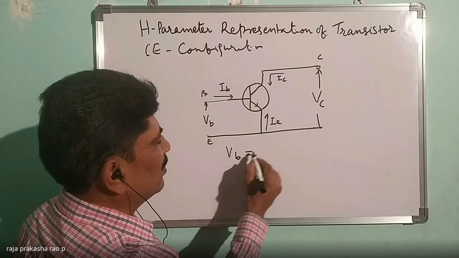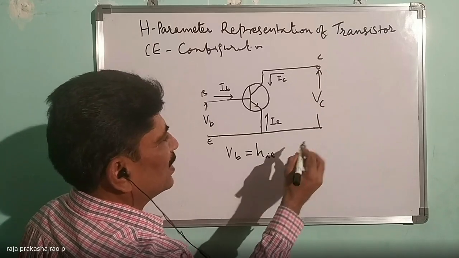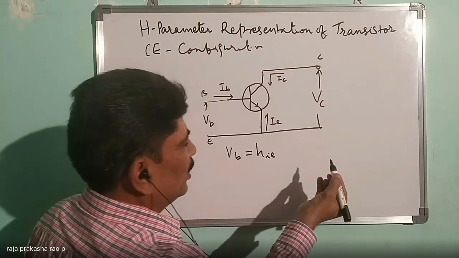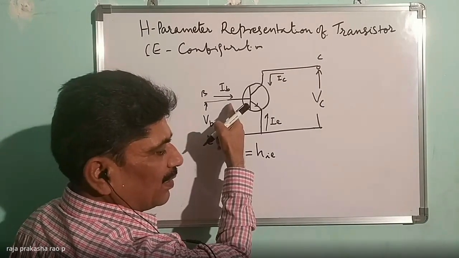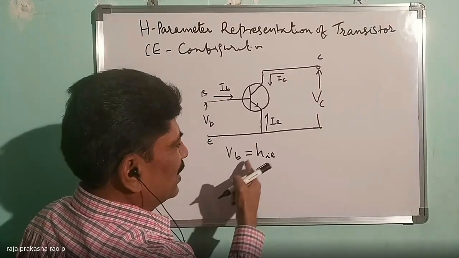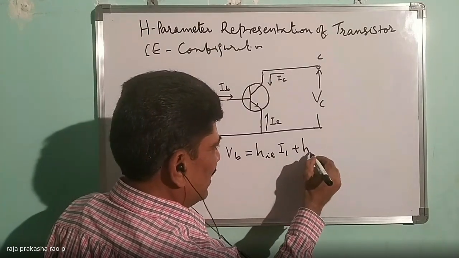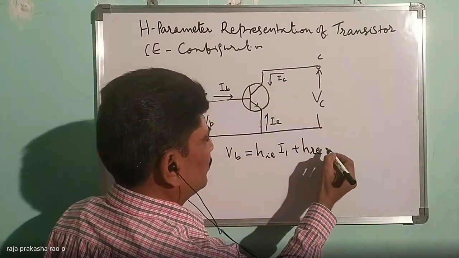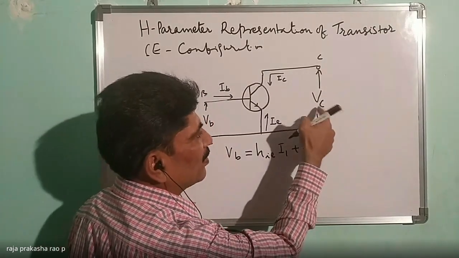You can frame the equation this way. Input voltage is equal to hie into input current, and the input current is what? IB. Input voltage is equal to hie into input current plus hre into output voltage. What is the output voltage here? VC.